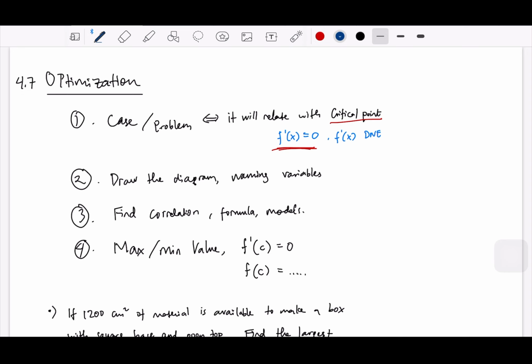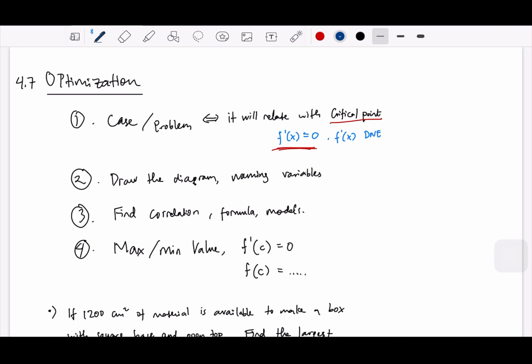We know the critical point is not always at f prime equals 0, because sometimes when f prime is undefined, it's also a critical point. But for most cases, if we made up our formulation, then f prime equals 0 will be the key to find the value that we want.